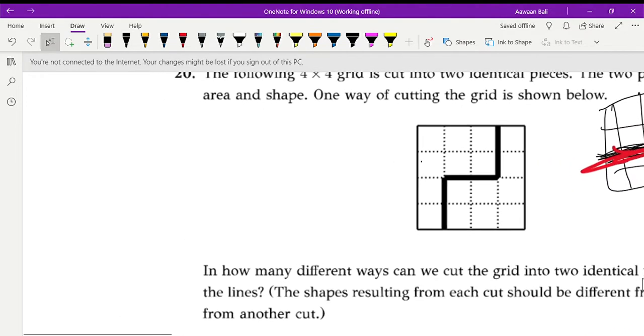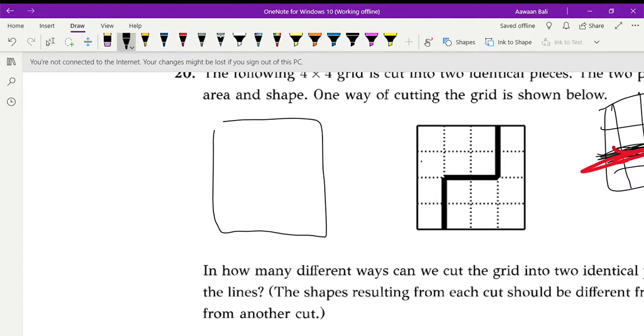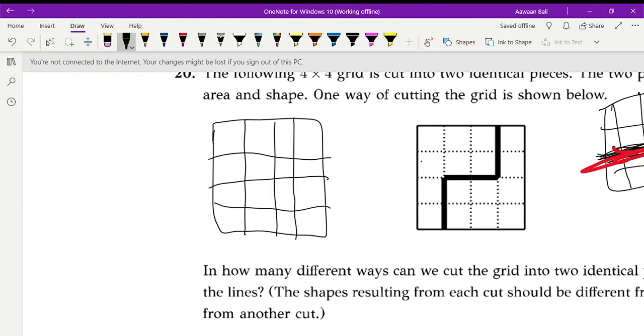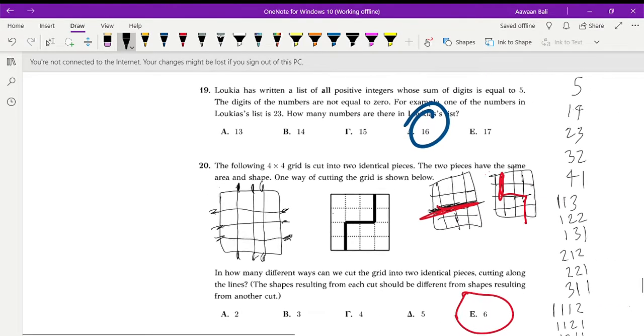Now what we do is we get the square. So I'm going to make a 4x4 square. And the trick is to count how many midpoints there are which are not the corners, like these. There's 1, 2, 3, 4, 5, 6, 7, 8, 9, 10, 11, 12. You don't need to count the exact number, but here.